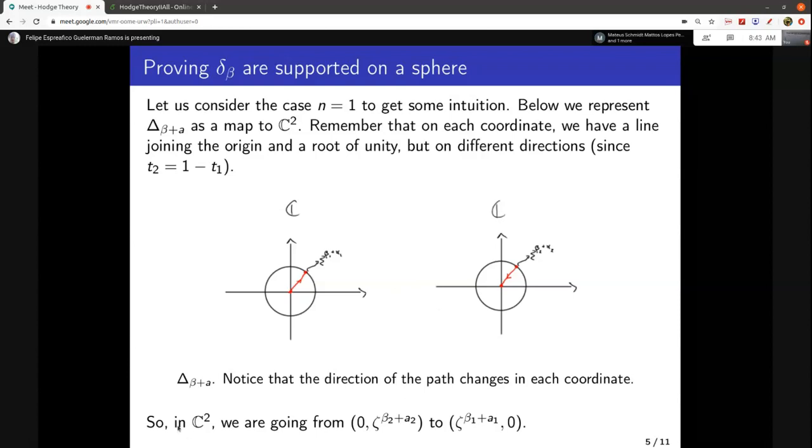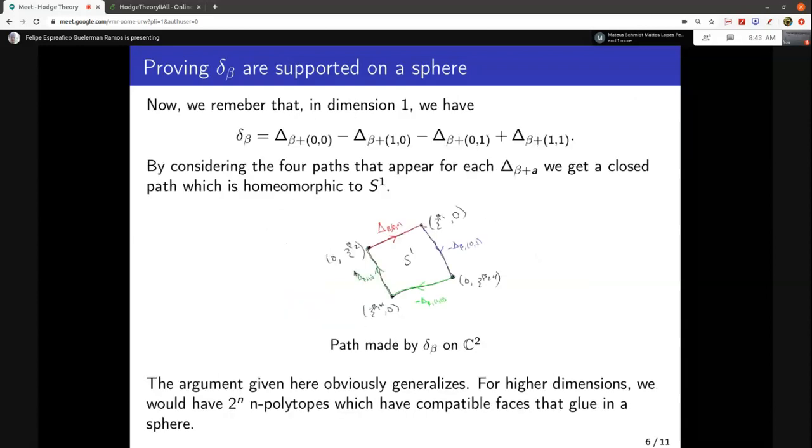And then actually in C2, we have a path from 0 root of unity to root of unity 0, right? Because we start here and go to here and here, okay? And if we do this for our 4 delta betas, we are going to get kind of a square this way, which is homeomorphic to S1.